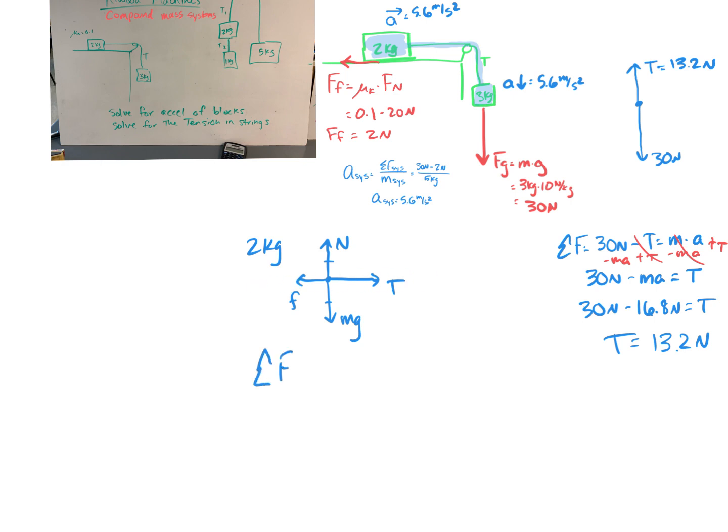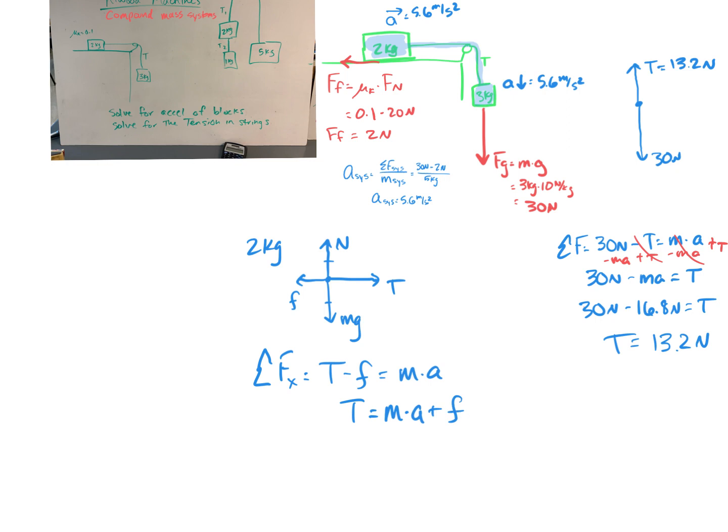So the net force on that block is the tension minus the friction, which should equal mass times acceleration. And if I add friction to the other side, the tension of this rope should equal mass times acceleration of that block plus the frictional force.